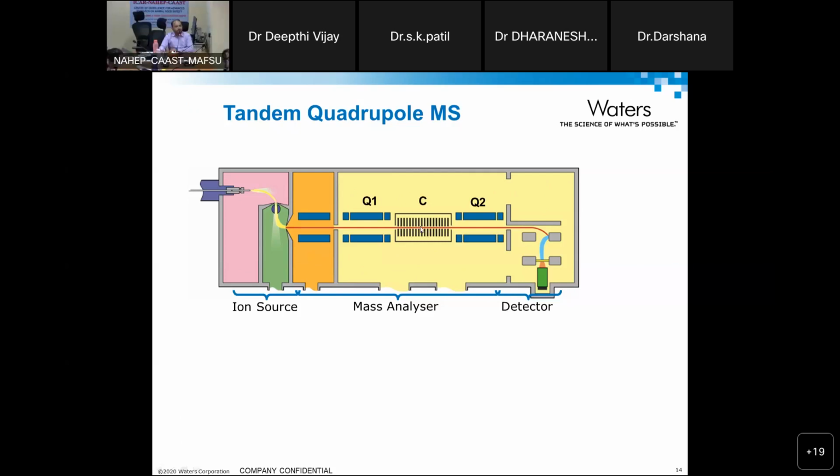Then there is one collision cell wherein collision induced dissociation happens, and the ions get further fragmented to form daughter ions, or the fragment ions, and those fragments are then detected in the second quadrupole labeled Q2. Then they travel to the detector.